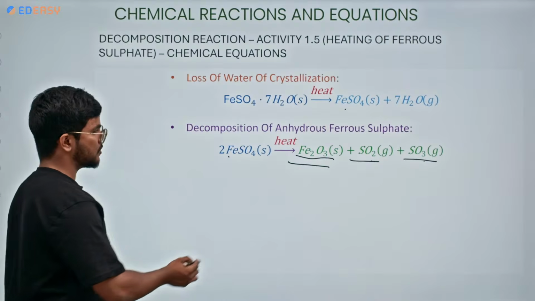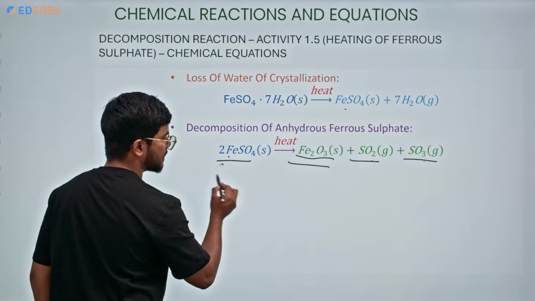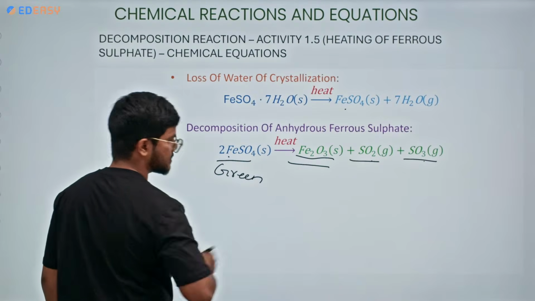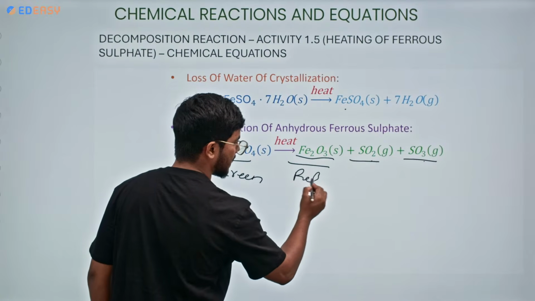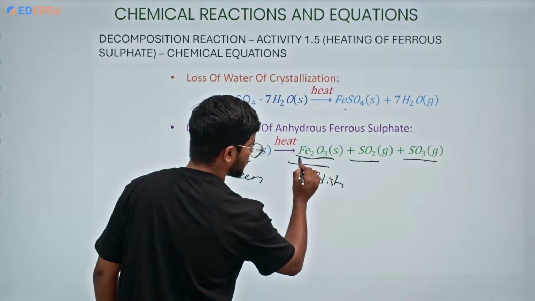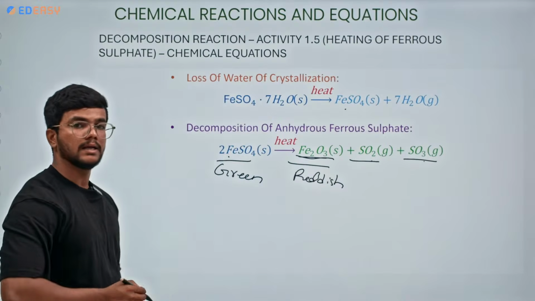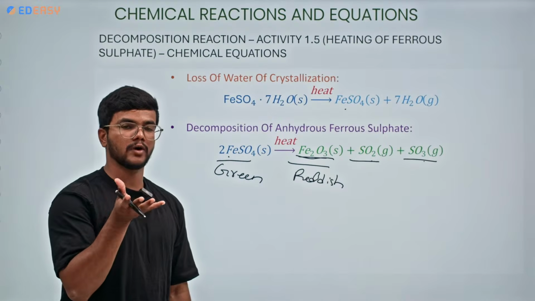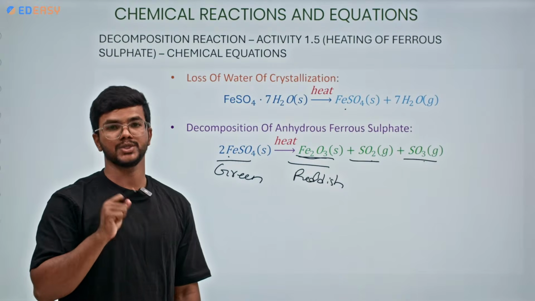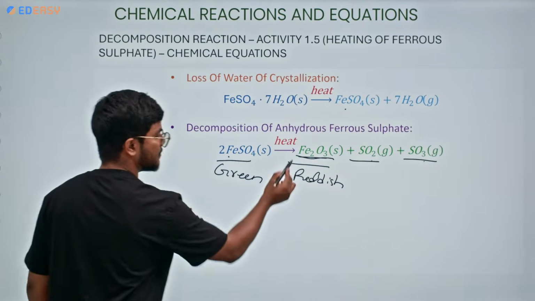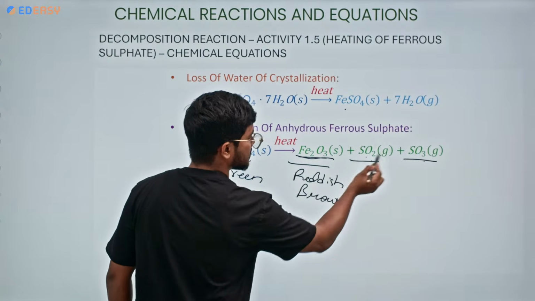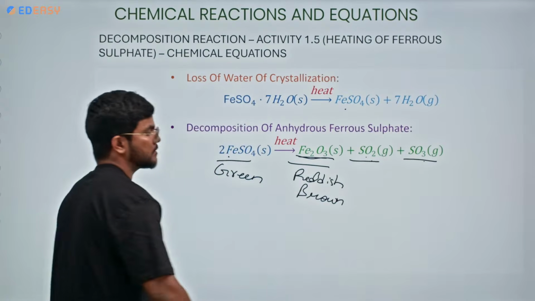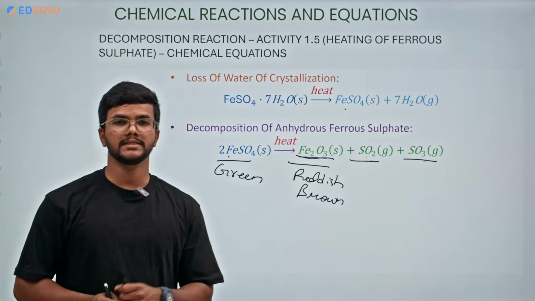Also, ferrous sulfate is green in color. Remember, it is green, but now it changes to reddish brown. Why is it reddish brown? Because always remember, Fe2O3 is the chemical formula you find in corrosion, rusting, so this will be reddish brown. These gases will come out of it. So what observations can you find in this experiment?